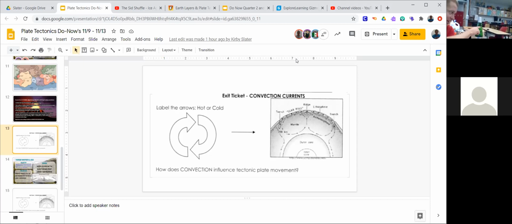And so then it's going to sink back down and it goes back down to the bottom. And that process is what's happening in the mantle in the asthenosphere that is causing those tectonic plates to move. Some move faster than others. So use that information.